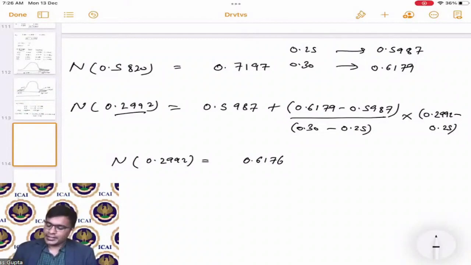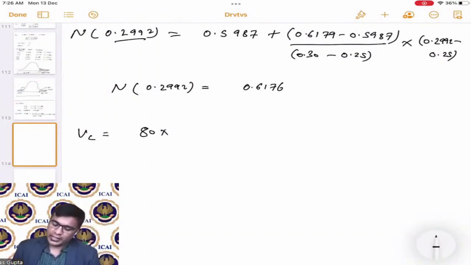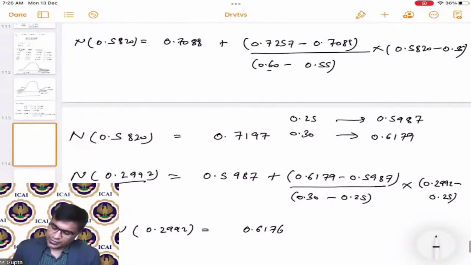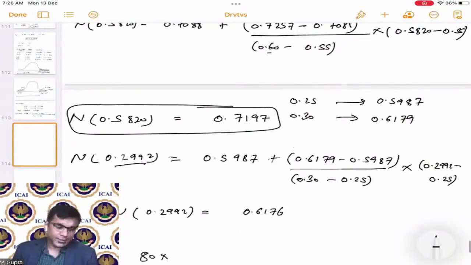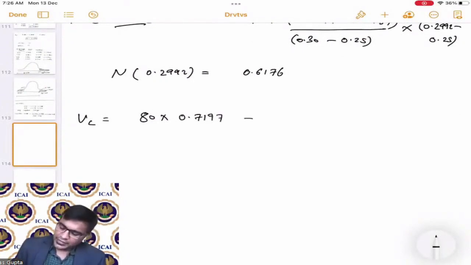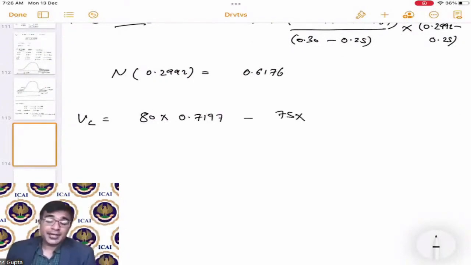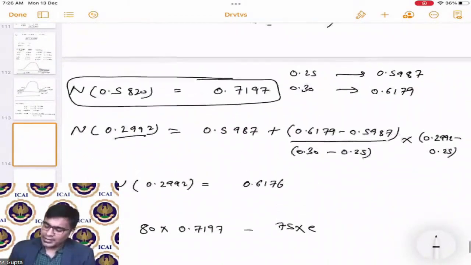Now we are left with nothing but calculating the value of the call option itself. So the spot price is 80 multiplied by ND1, which was 0.7197, minus 75, the strike price, for which we have to calculate the present value, multiplied by e raised to the power minus RT.